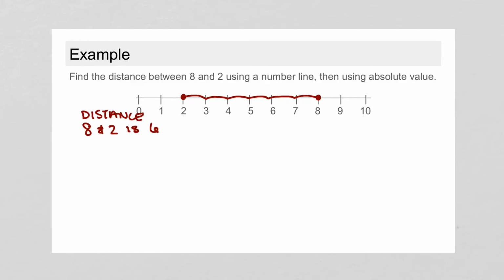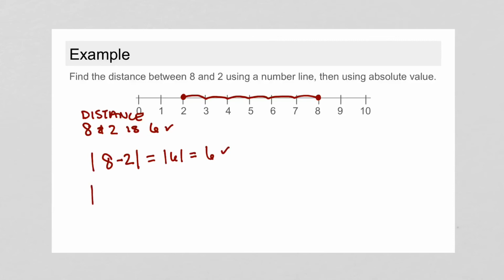Well, what if I did the absolute value? I think that most of us are most comfortable subtracting the little number from the big one. So let's try 8 minus 2. The absolute value of that is the absolute value of 6, which is just 6. So far, so good, those match.